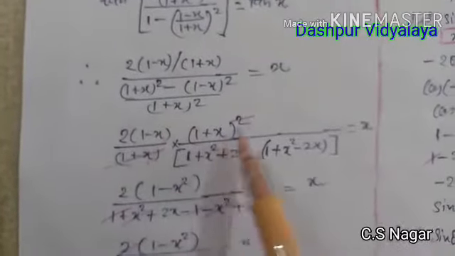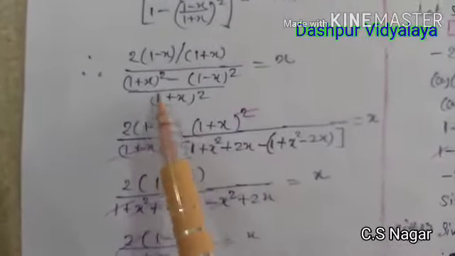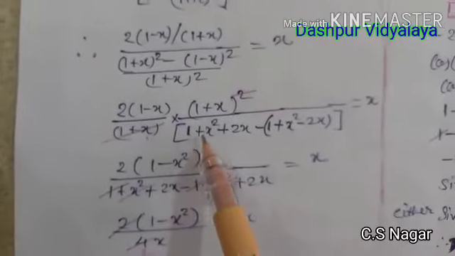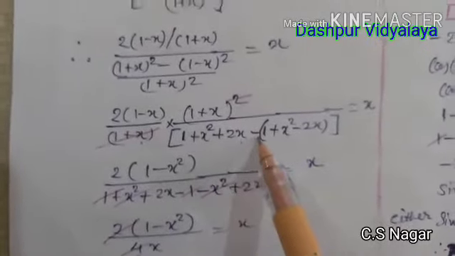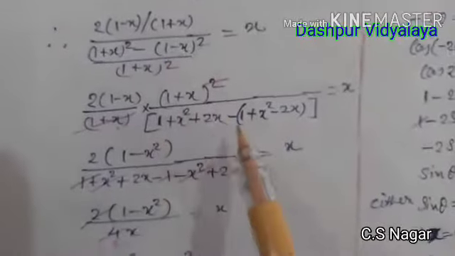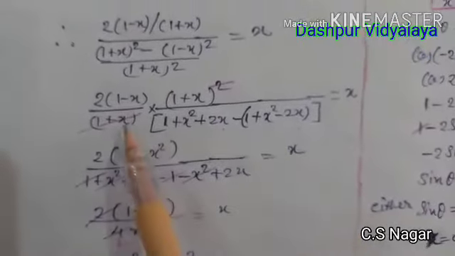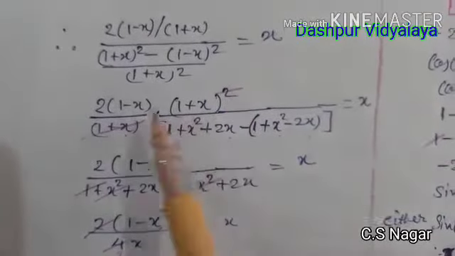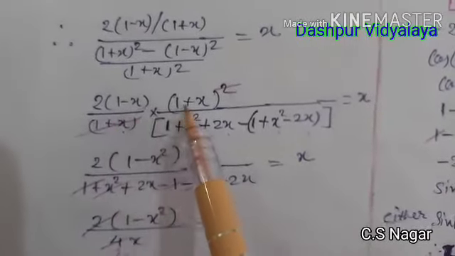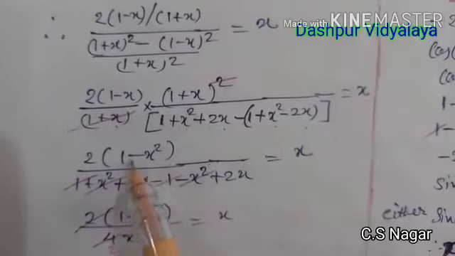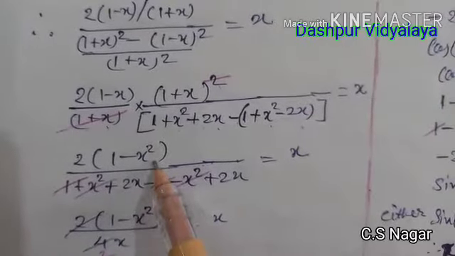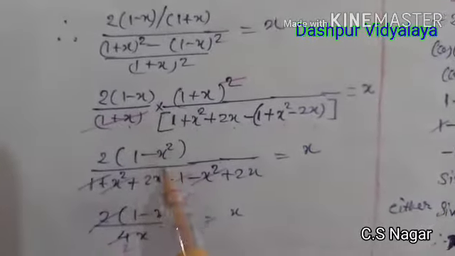So (1 plus x) square here and (1 plus x) square. (1 plus x) square means 1 square plus x square plus 2x, minus (1 minus x) whole square, which means 1 square plus x square minus 2x. Now (1 plus x) and this square cancel out, only 2 (1 plus x), and on the bottom it will be 1 minus x square, a square minus b square.